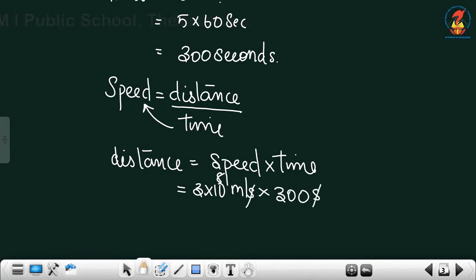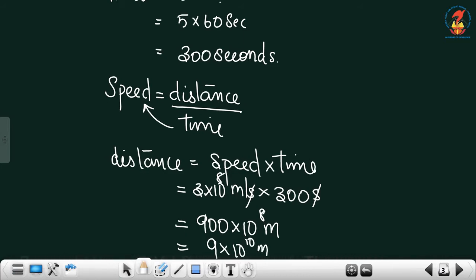The second and second will get cancelled, because in meter per second the second is in the denominator. So what's the answer? 3 into 300 is 900, so 900 into 10 raised to 8 meter, or we can write it as 9 into 10 raised to 10 meter.